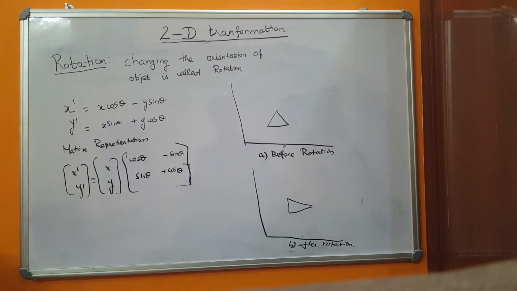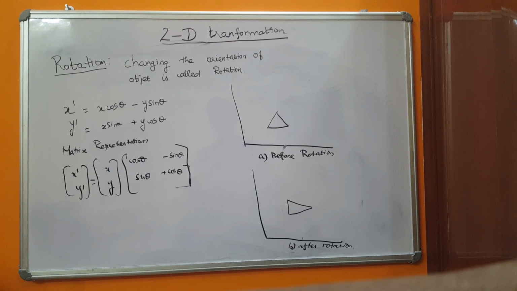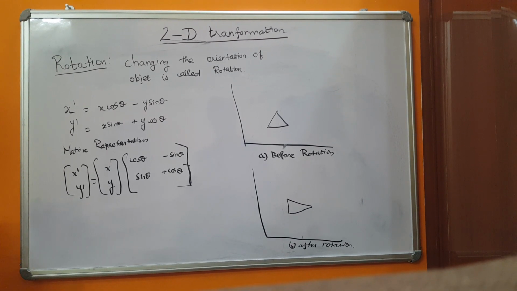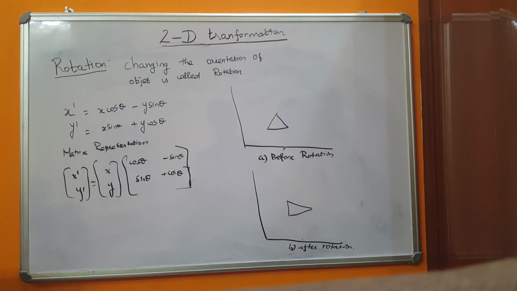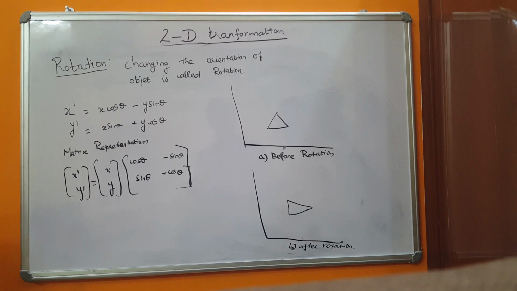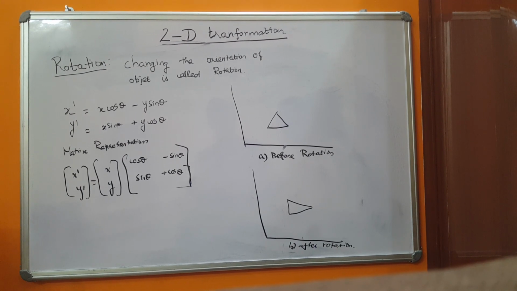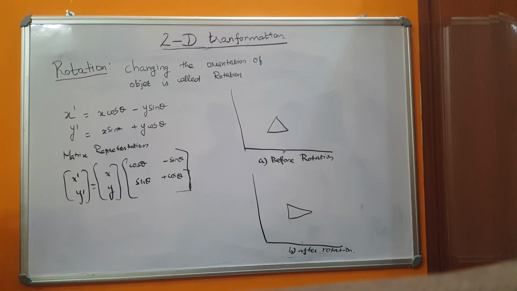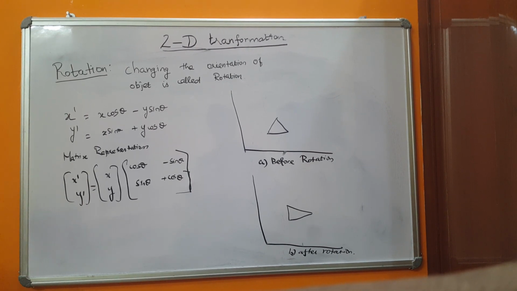So totally there are three basic transformations. First one is translation. Translation means moving the object from one location to another location. Next one is scaling. Scaling means just increasing or decreasing the size of the object. Third one is rotation. Rotation means changing the orientation of the object. There are three types of basic transformations.